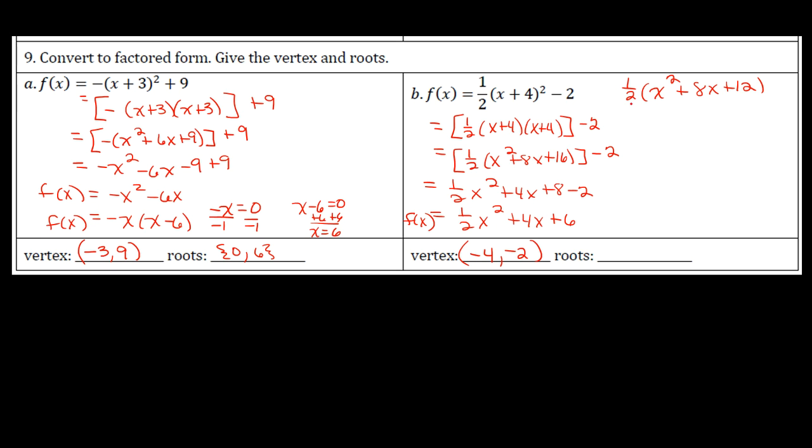Because when I'm dividing each of these by 1/2, so let's just take the 4x. 4x divided by 1/2 is the same as multiplying by the reciprocal, and that's how I get 8x, the same with my 6. And you can check yourself because you could distribute the 1/2 back out and make sure you got back your original problem here.